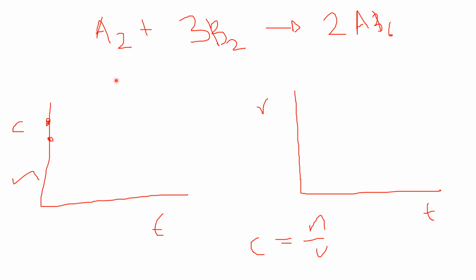When we react these two things, we will use them up, they will start to decrease in concentration, and then we will form the product, which is this one. So when the reaction goes, it decreases the concentration of B2, and it also decreases the concentration of A2. So this one we'll call B2, and this one we'll call A2.